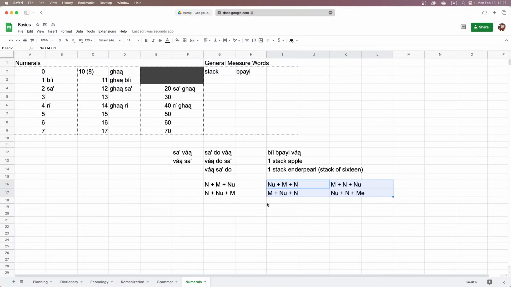Numeral, measure word, noun; measure word, noun, numeral; noun, numeral, measure word; noun, measure word, numeral. Okay, I don't think I will do these ones.